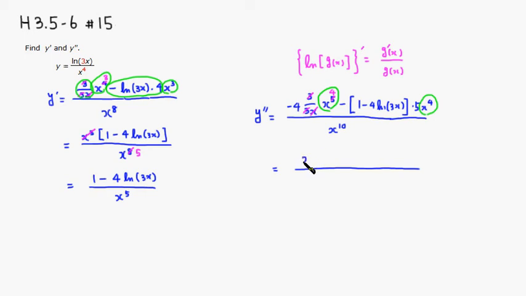What's left is negative 4, so minus 4 here. And then you have minus 1, so I'm going to combine them into negative 5.